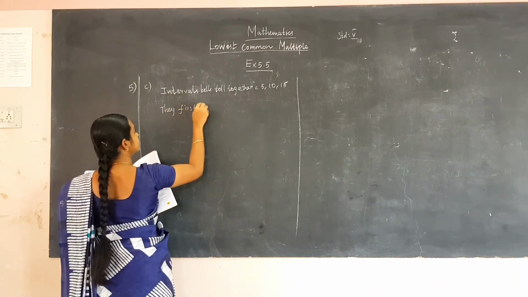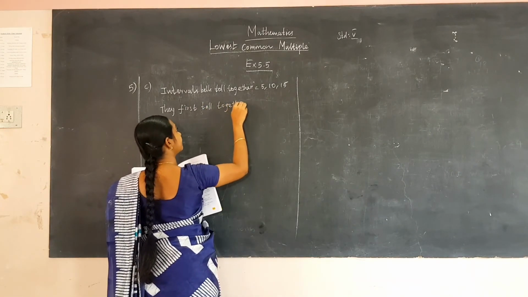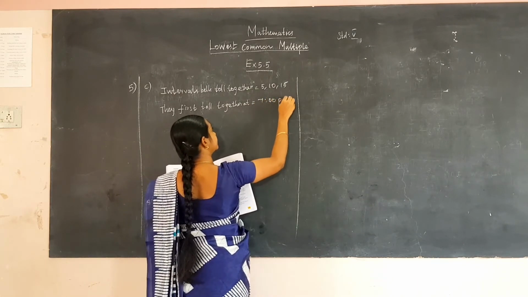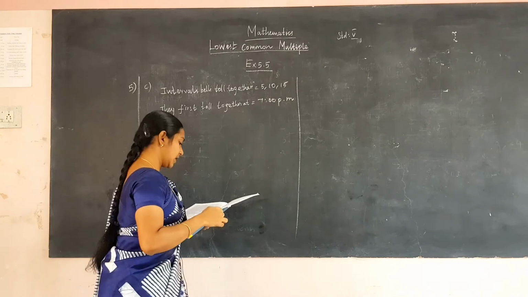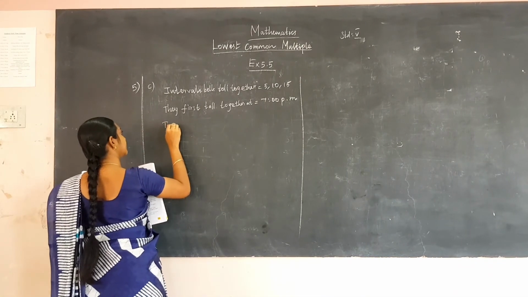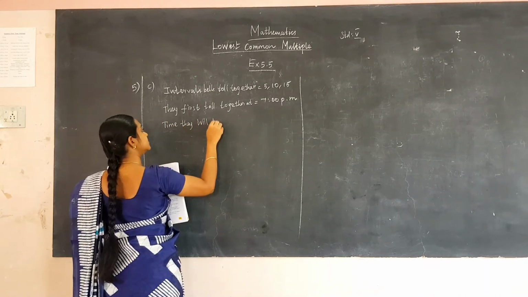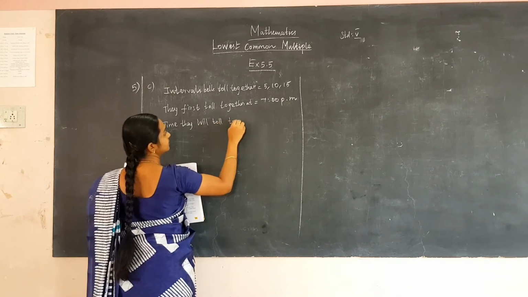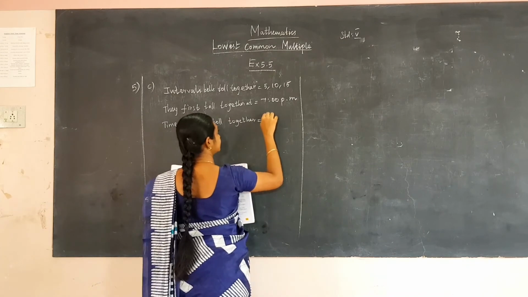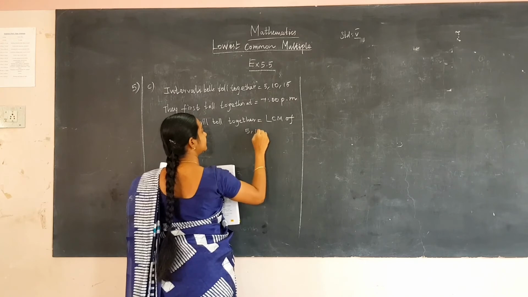They first toll together at 7 p.m. At what time will they toll together again? The time they will toll together is equal to the LCM of 5, 10 and 15.